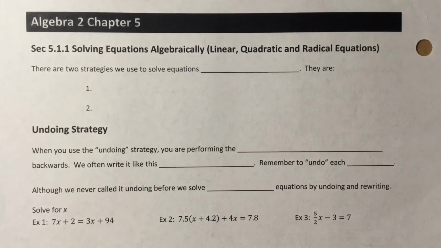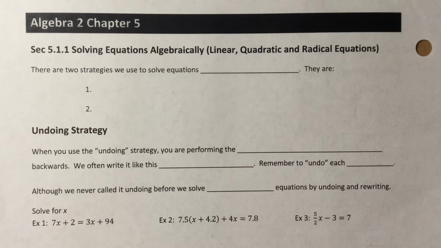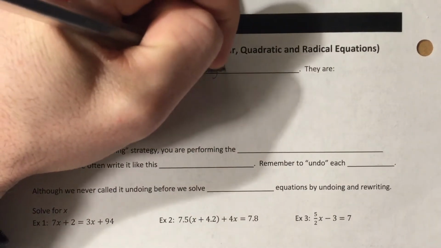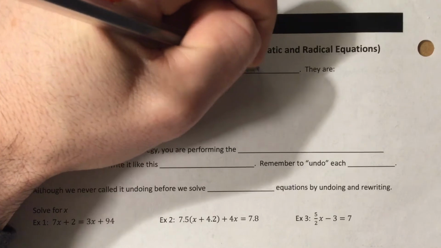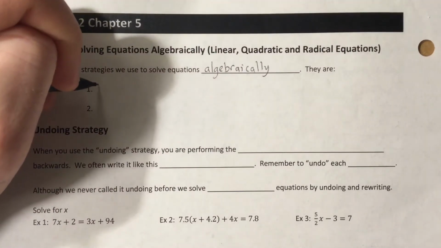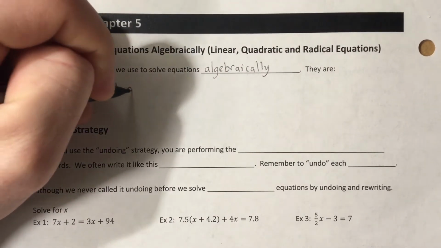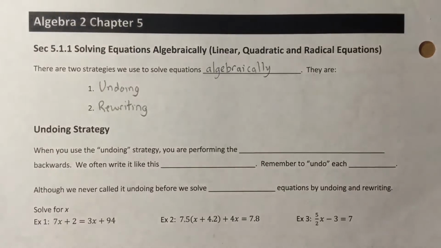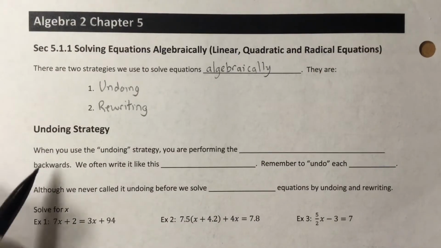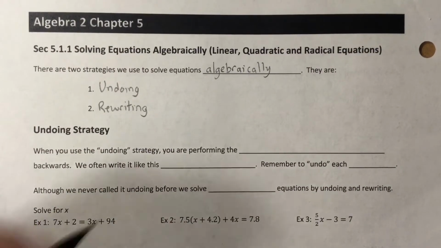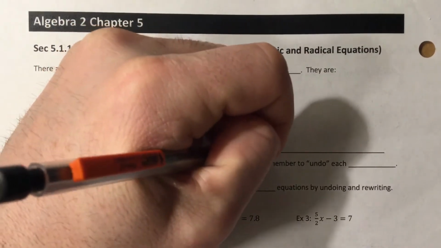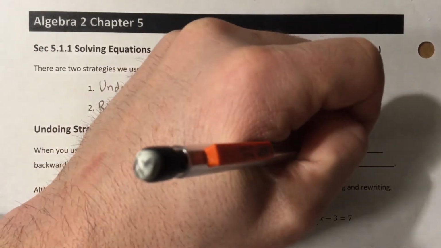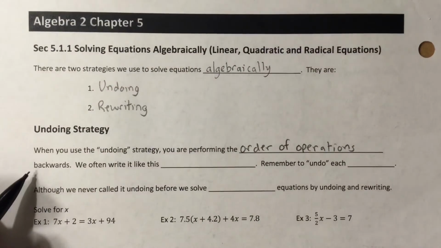There are two strategies we use to solve equations algebraically. They are undoing and then rewriting. The undoing strategy: when you use it, you're performing the order of operations backwards.